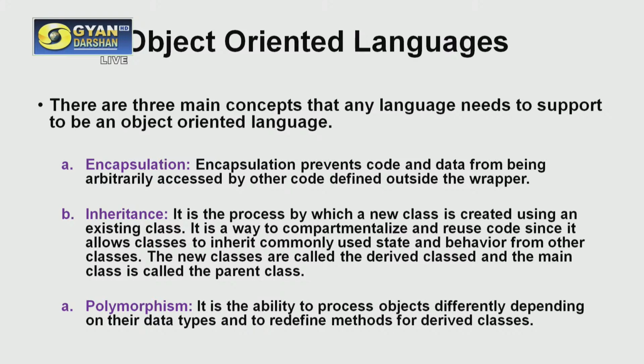So far as the mechanism of inheritance is concerned, we have the concept of the parent class and the derived class. The derived class is the class which owns the features and properties of the parent class, but it has its own features.